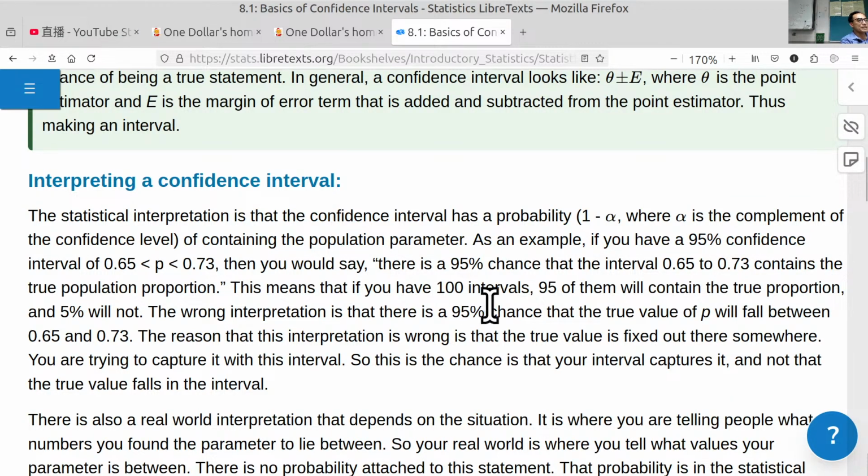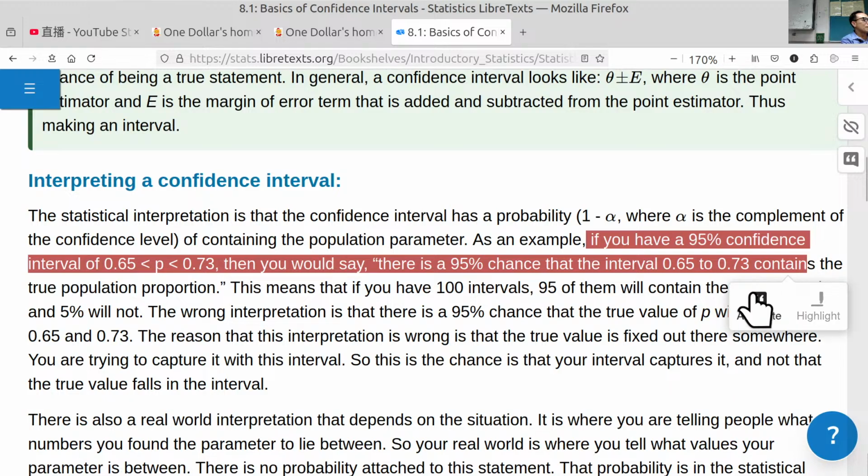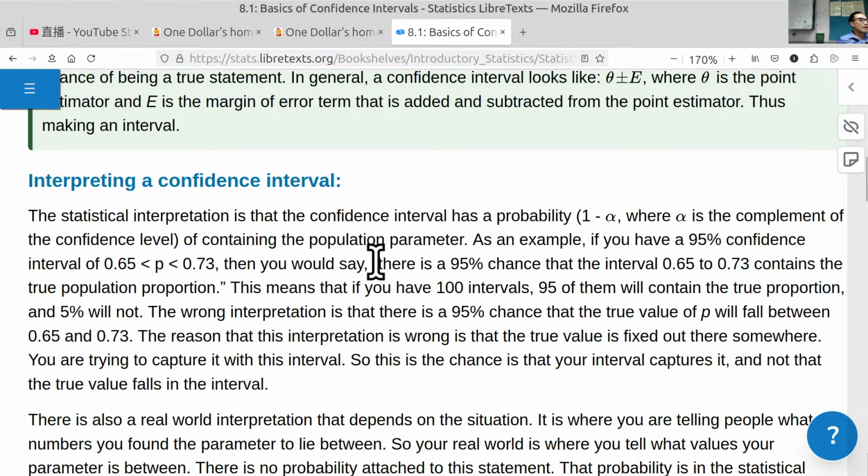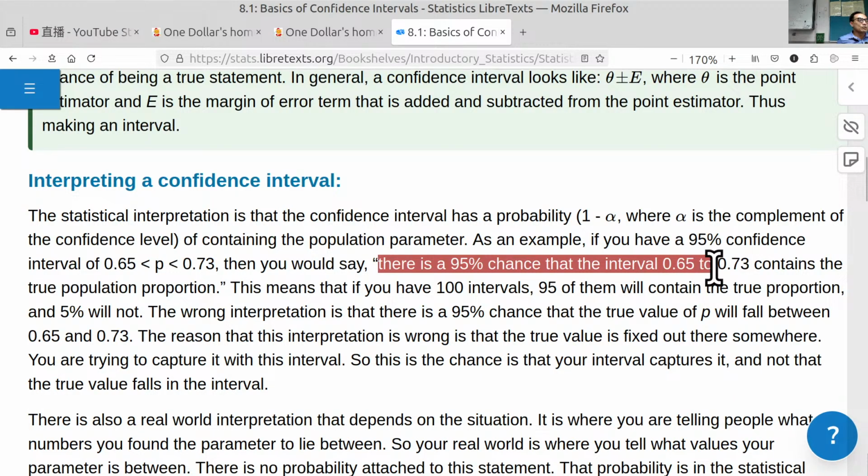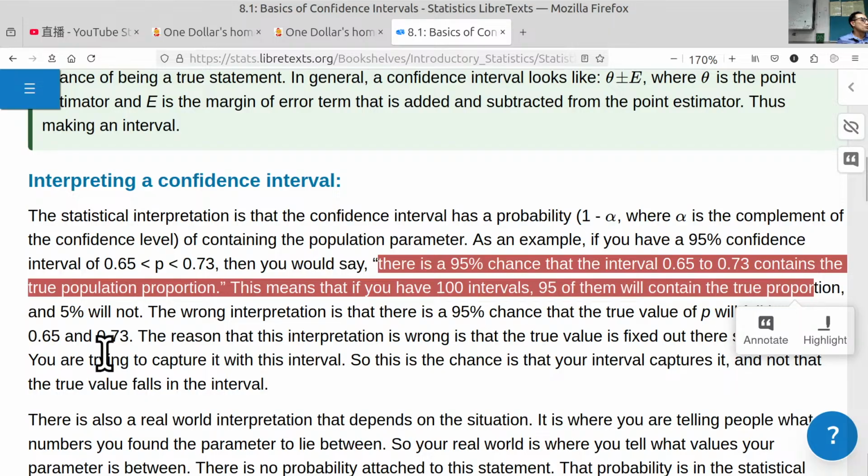As an example, if you have a 95% confidence interval of p between 0.68 and 0.73, then you will say that there is a 95% chance the interval 0.68 to 0.73 contains the true population proportion.